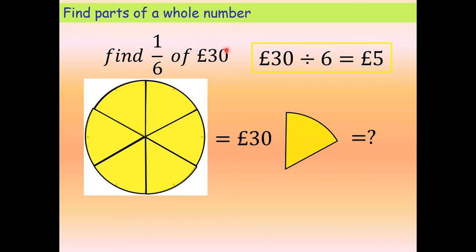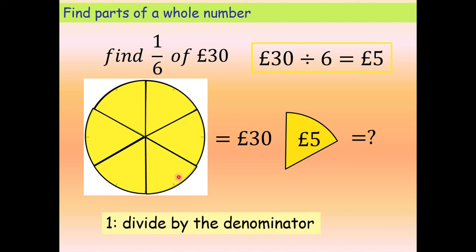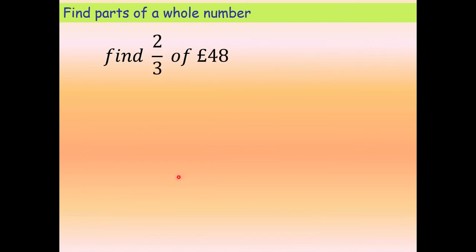We take the number and divide it by the bottom of the fraction to give us one of those pieces. So that is £5. So that is step 1, you divide by the denominator.